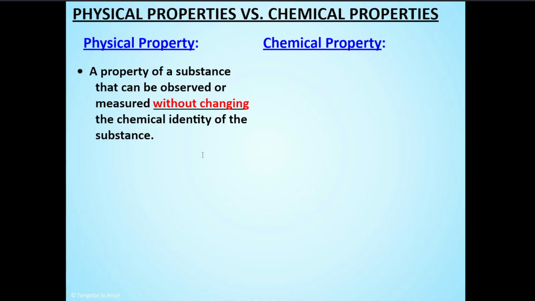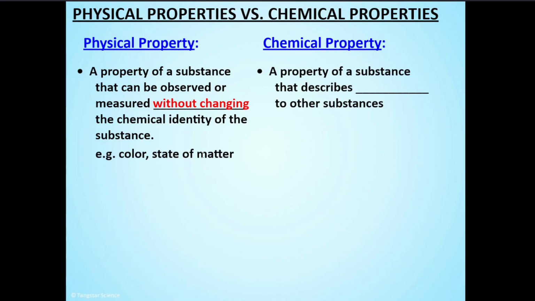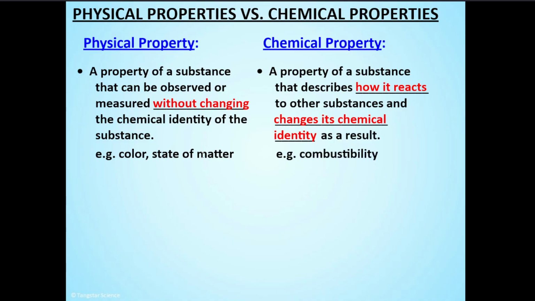Observing its color doesn't change it into something new. A chemical property, on the other hand, describes how a substance reacts with other substances, which changes its chemical identity. For example, knowing that wood can burn is combustibility. It's a chemical property because after burning, it's no longer wood. It turns into ash and also smoke.